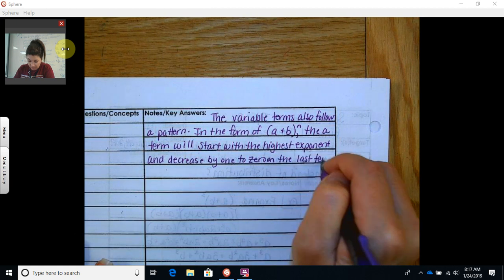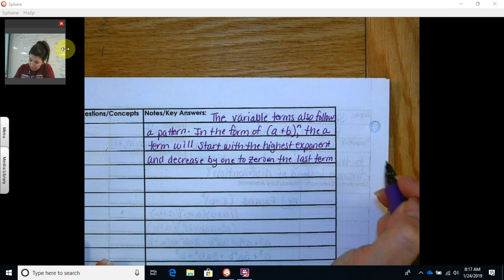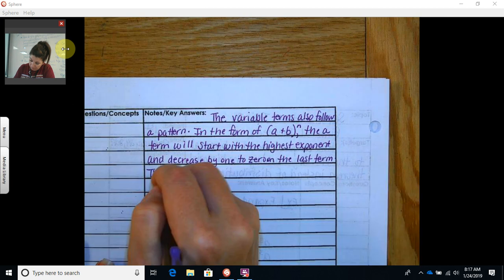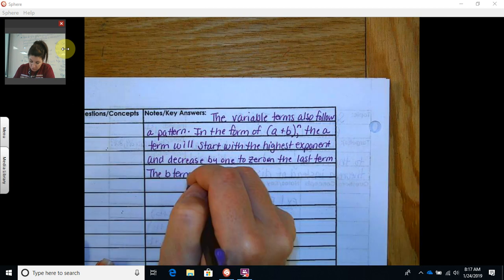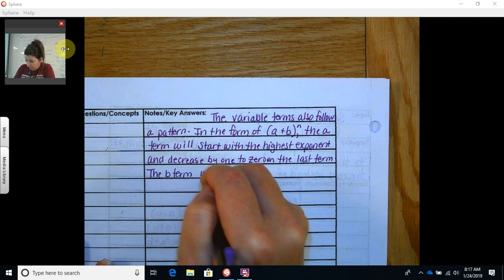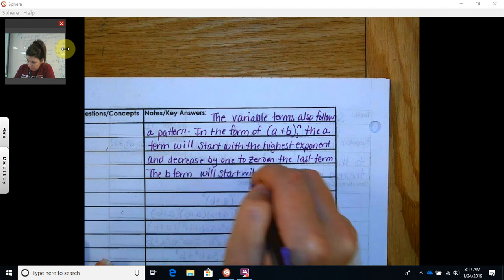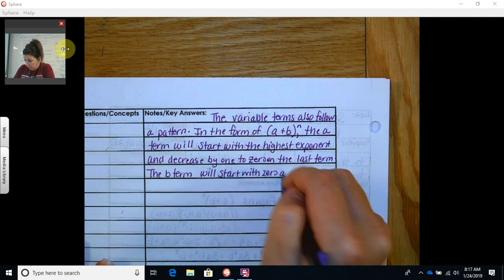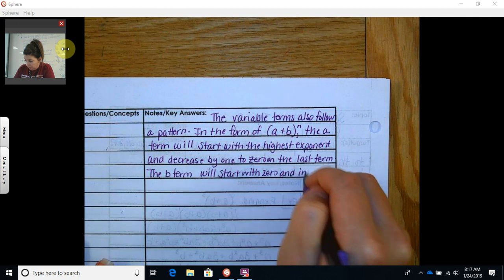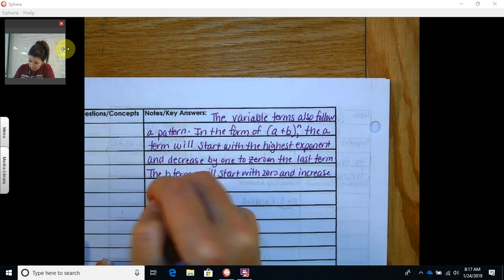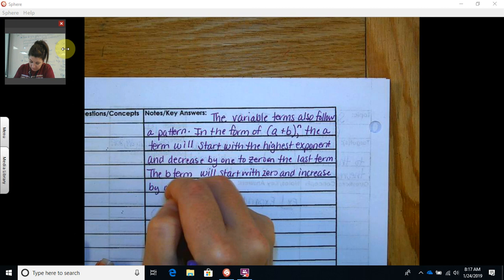The b term will start with 0 and increase by 1 to the highest exponent term.